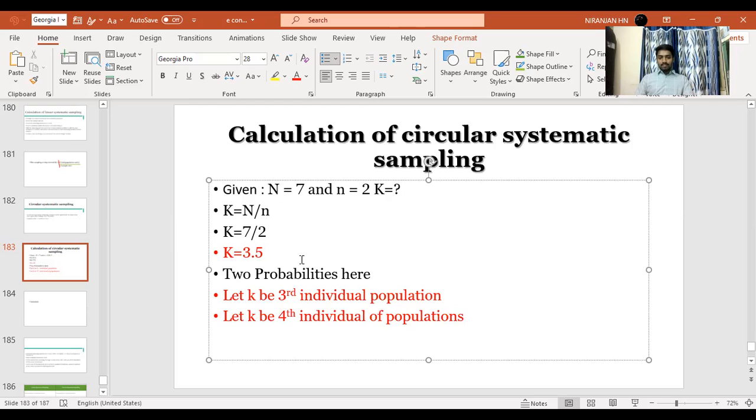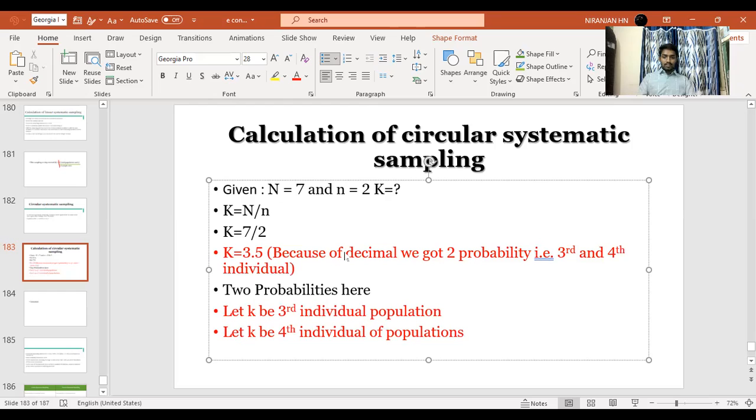So we found out the k here, but there are two probabilities, because of the decimal we got two probabilities, the third and fourth individual. So this is how it works.